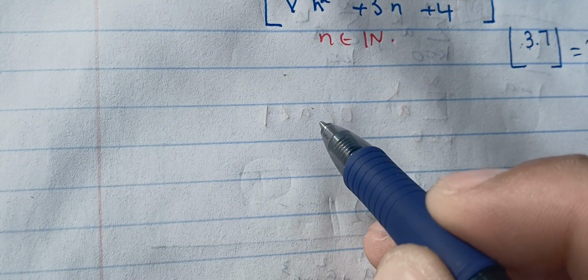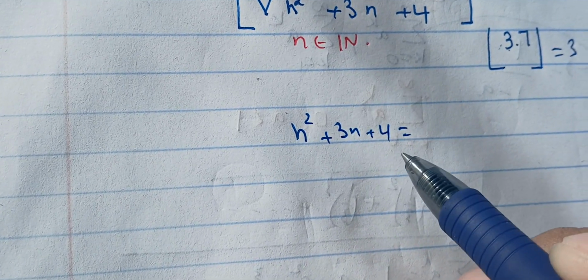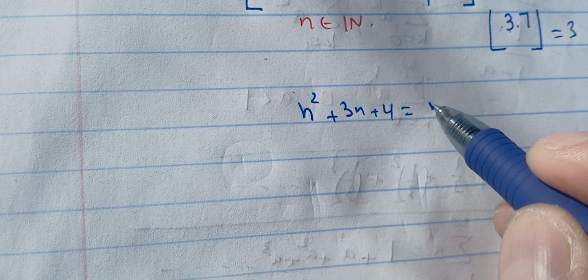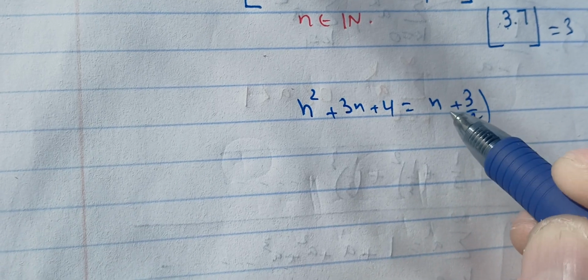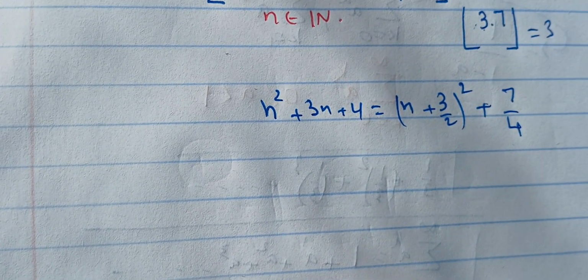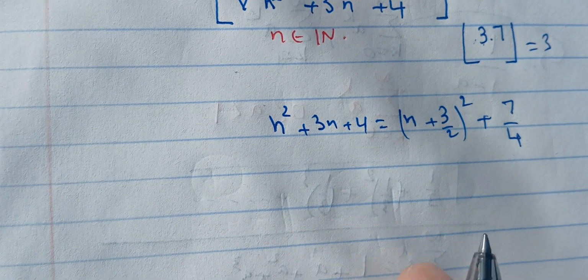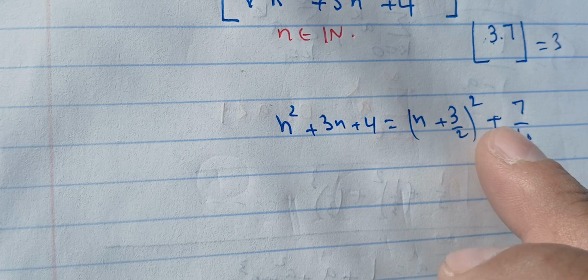Note that n squared plus 3n plus 4 can be written as (n plus 3 over 2) squared plus 7 over 4. All we do here is complete the square to find this value.